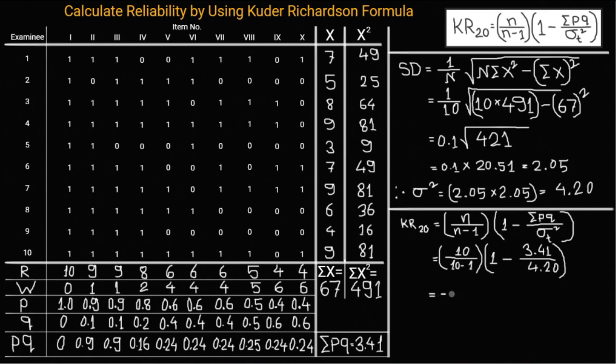Okay, then 10 divided by 9, into 1 minus 0.81. 10 divided by 9 is 1.11, into 1 minus 0.81, which is 0.19. 1.11 into 0.19 equals 0.21. Okay, so this is the answer.